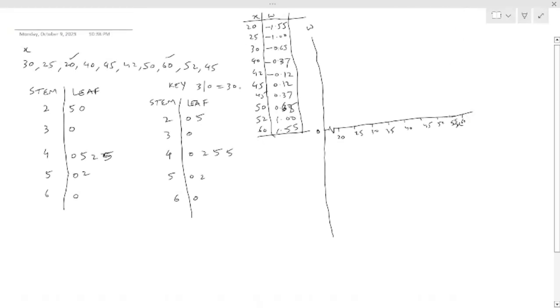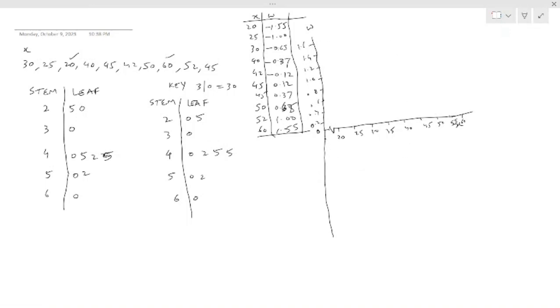Okay, now minimum value is minus 1.55, maximum value is 1.55. So we scale our vertical axis as 0.2, 0.4, 0.6, 0.8, 1.0, 1.2, 1.4, and 1.6.